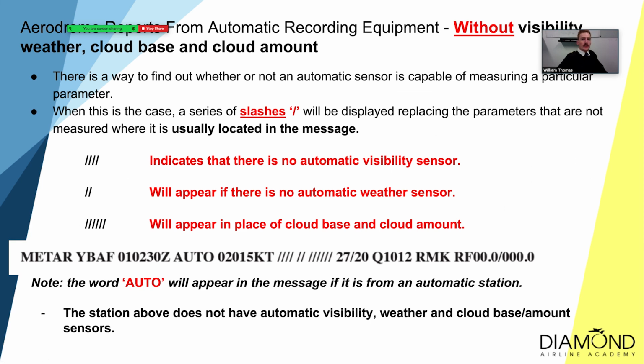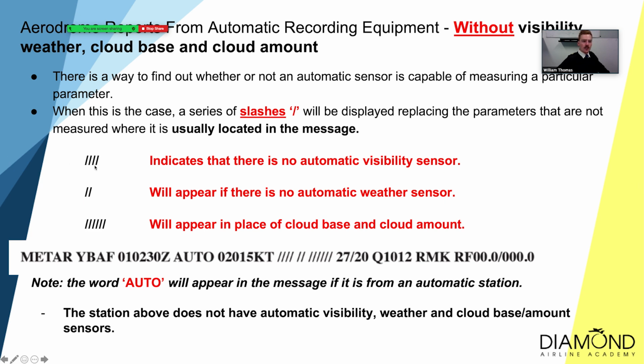Cool, alrighty. So some of these automated stations don't have sensors to collect all the pieces of information we would usually expect to see in a METAR. If a sensor is missing from that particular recording station, or it was never installed to begin with, we'll see slashes where we would usually see information on a METAR.